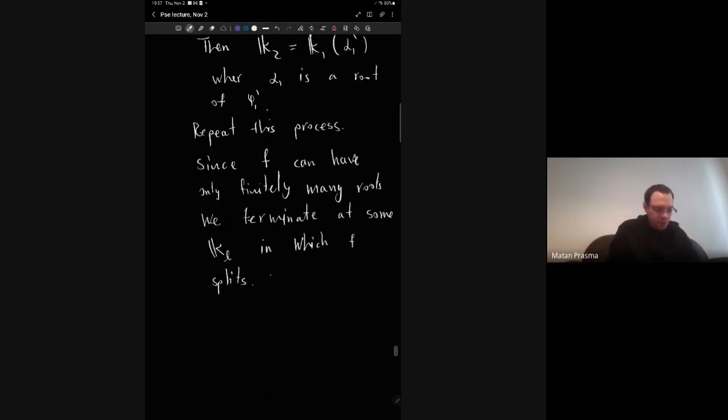We get a sequence of field inclusions. We started with F, and then we added one root.